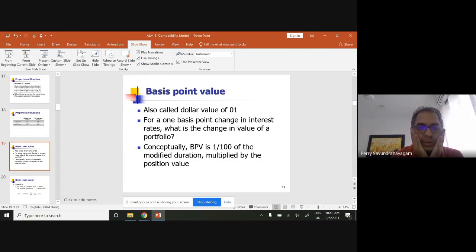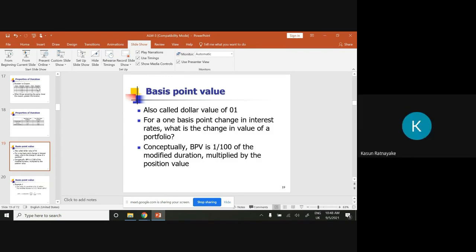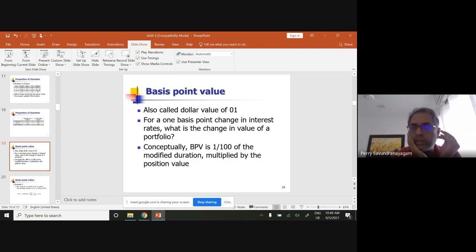So basis point value, a 1 basis point change in interest rate, what is the change of value of a portfolio? It's similar to mark to market. It is similar to mark to market, but you have to take the modified duration into account, the sensitivity to the yield curve.